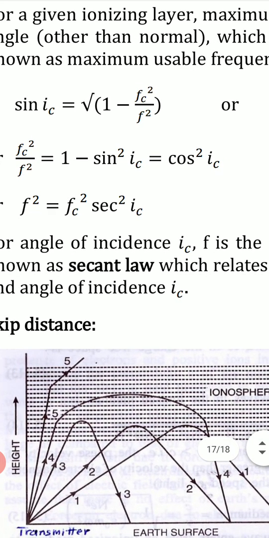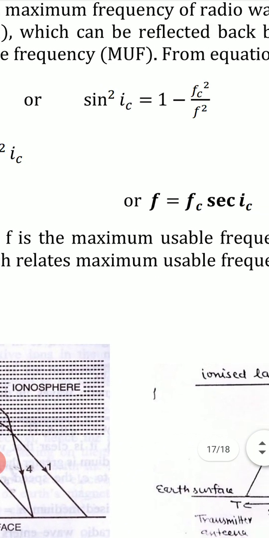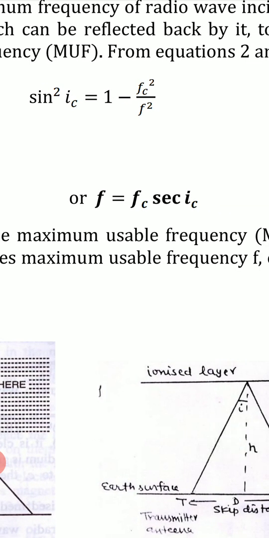If we take the under root, then we have F equal to FC sec IC. FC is critical frequency and F is maximum usable frequency, and this is the relation between these two frequencies.